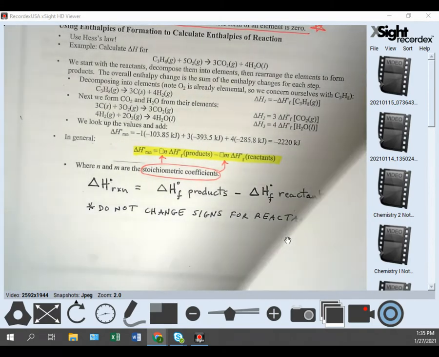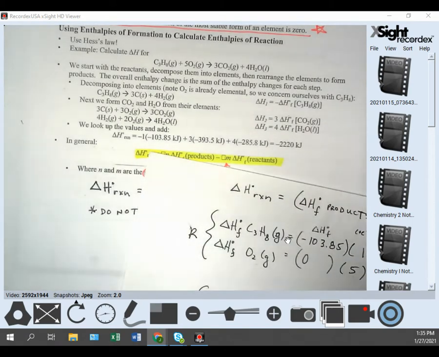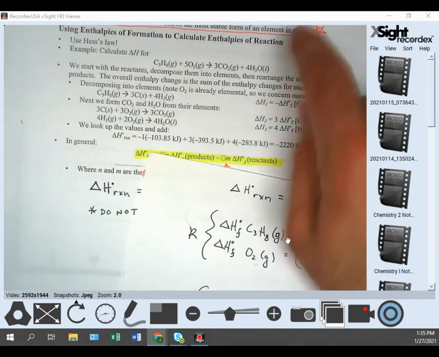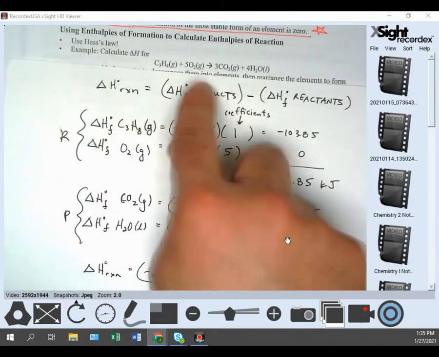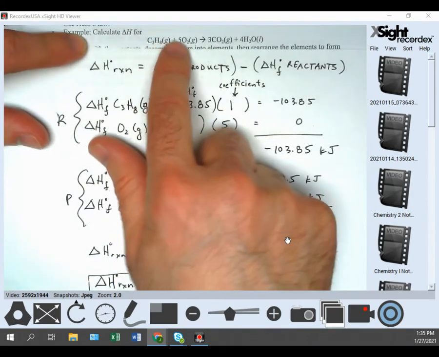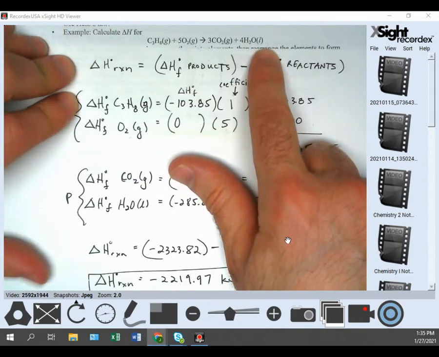So this equation, right? Here. This one. C3H8 gas plus 5 O2 gas yields 3 CO2 gas plus 4 H2O liquid. Okay.